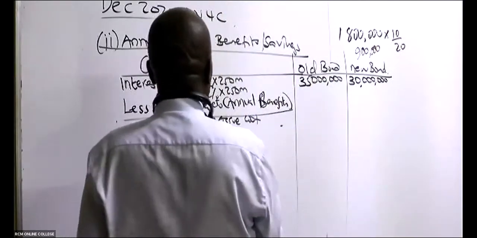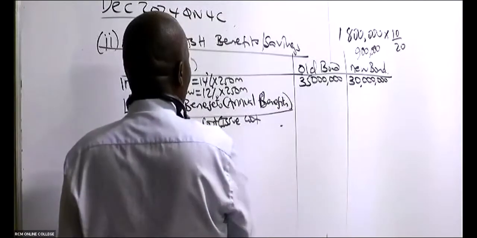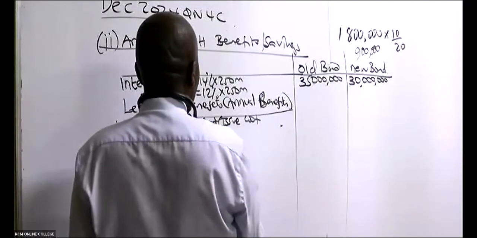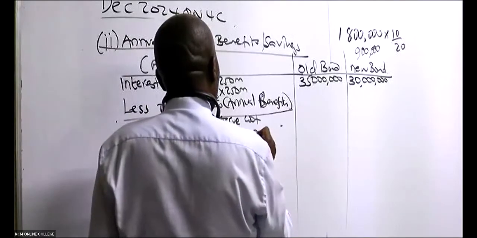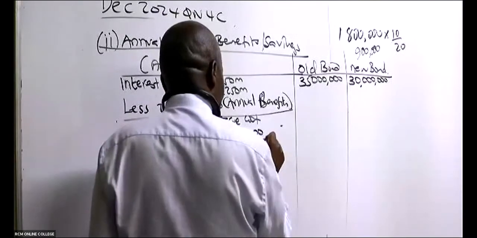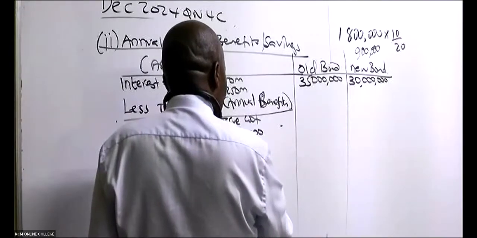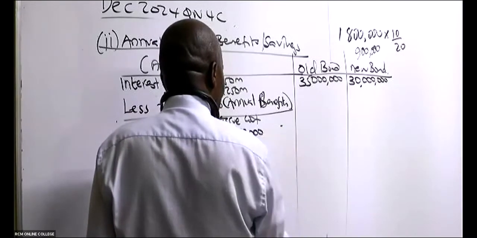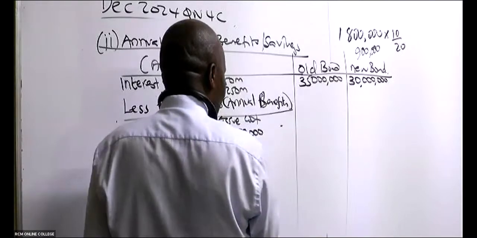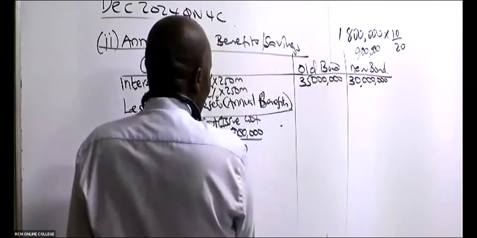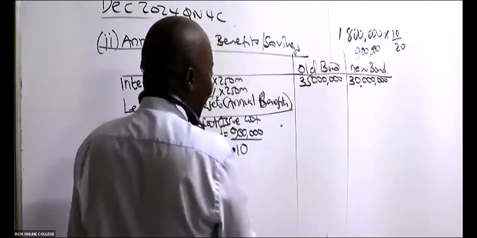The issue cost for the old bond is 900,000, and they have been able to capitalize this. By the time we are capitalizing, how many years have lapsed? 10 years. So I can easily get the issue cost per year.